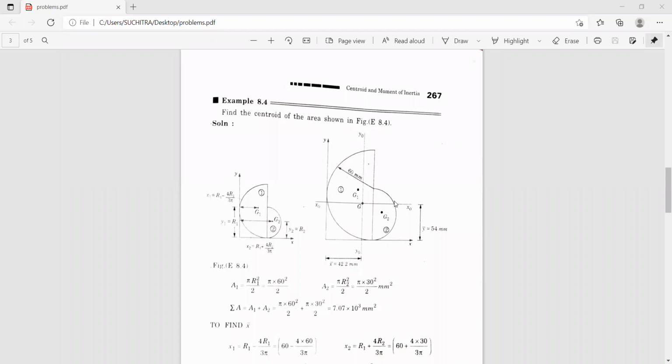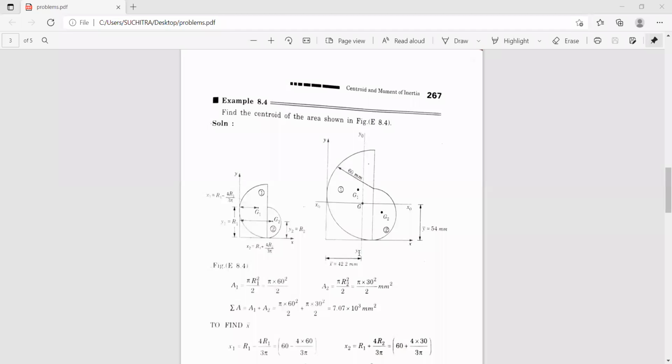Once you divide these two figures, next you have to find the areas of the individual figures. A1 is pi r1 square by 2, because this is figure 1, that is pi into 60 square by 2.